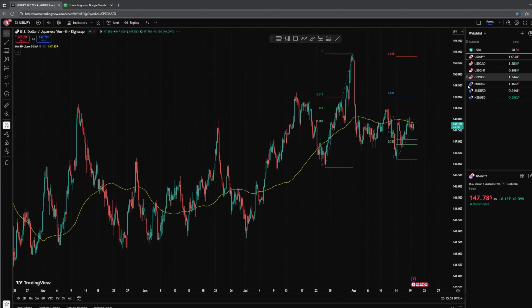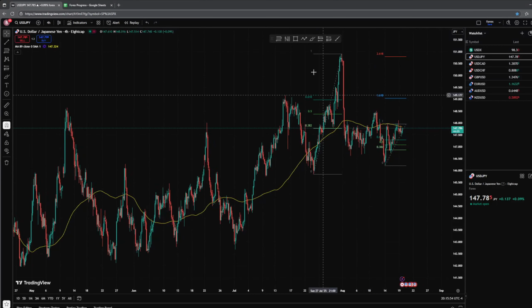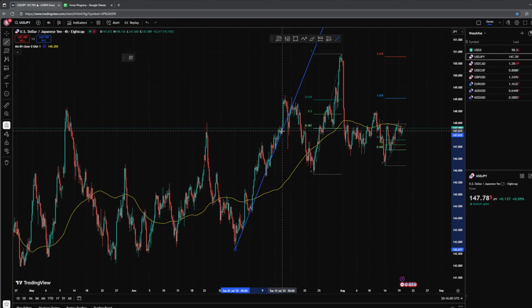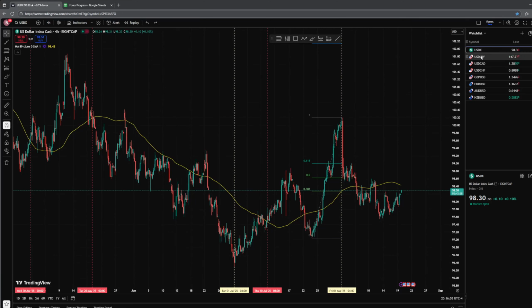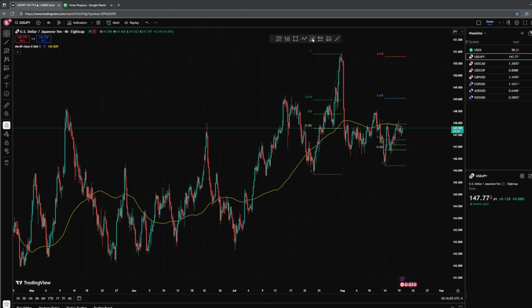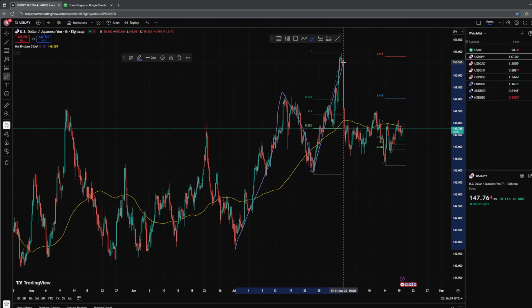Okay, now let's analyze the Forex pair. Use USD Japan Yen. So here we have up leg, retracement, up leg. The market is currently doing a lot of retracement with the fake out.